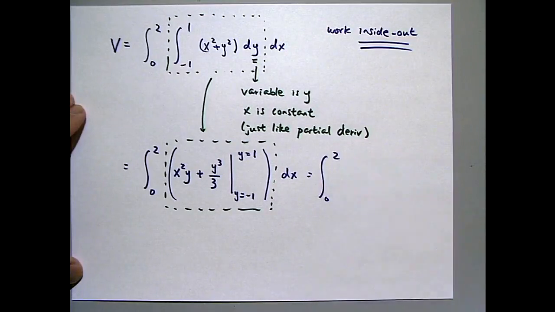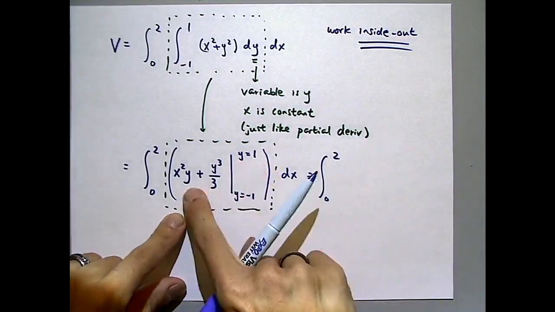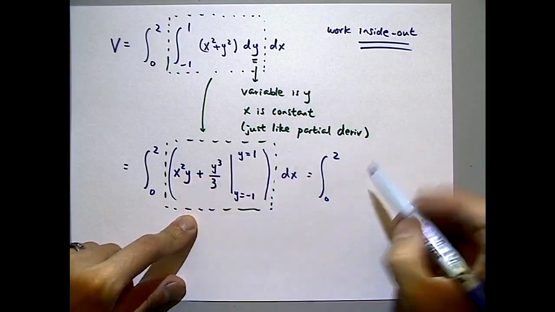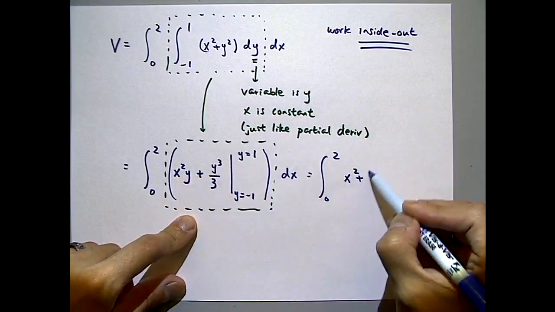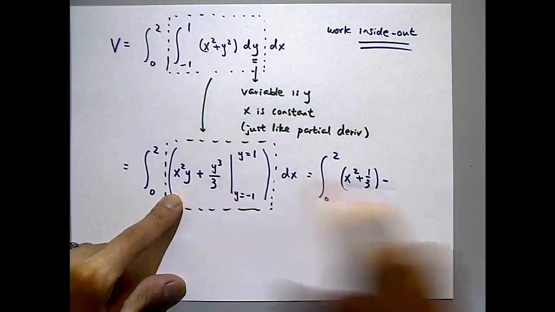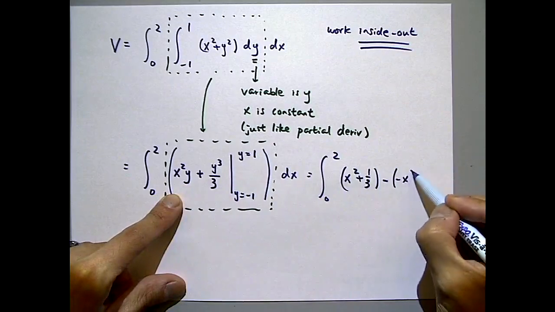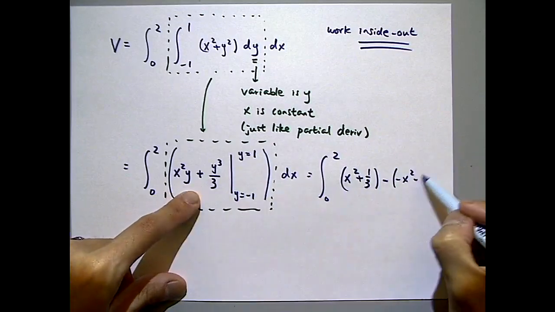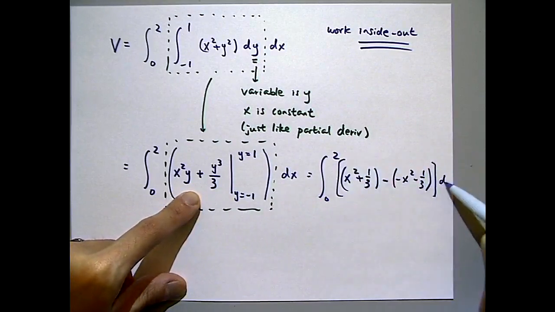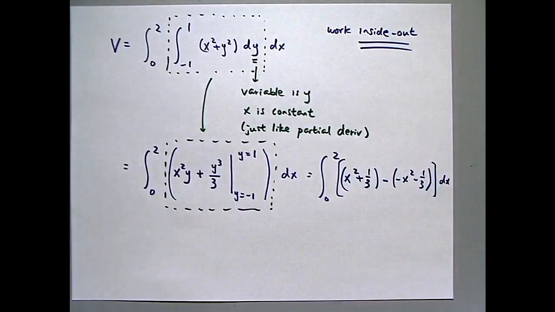0 to 2. Now we're plugging 1 for y. The usual way you integrate is exactly the way you've done before. So we get x squared plus 1 over 3 minus negative x squared minus 1 over 3. Okay, everybody see what I did here?